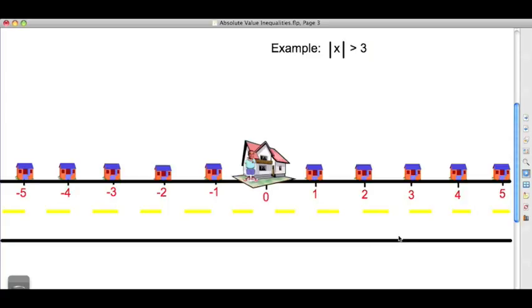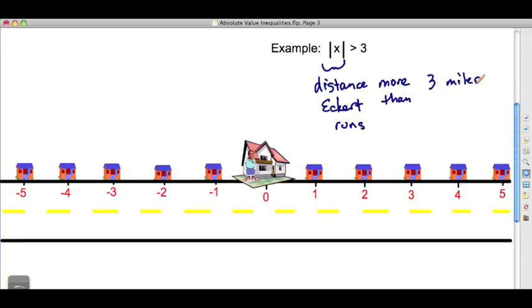Here's an example. The distance Eckert runs is greater than, more than 3 miles. Okay?